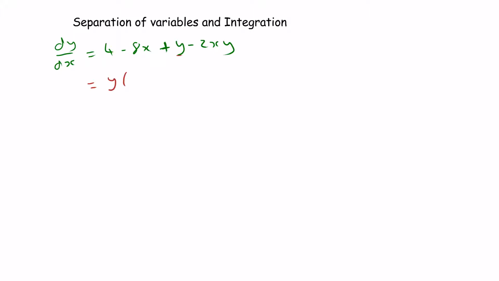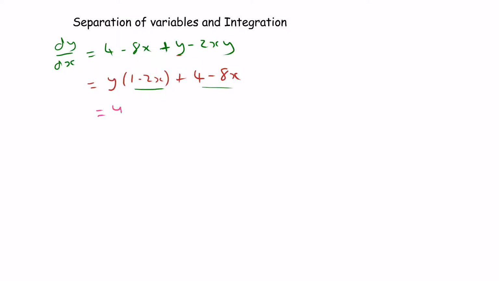So if we have y(1 minus 2x) plus 4 minus 8x. Now, having a look at both this bracket and the 4 minus 8x, 4 minus 8x is a multiple of 1 minus 2x.